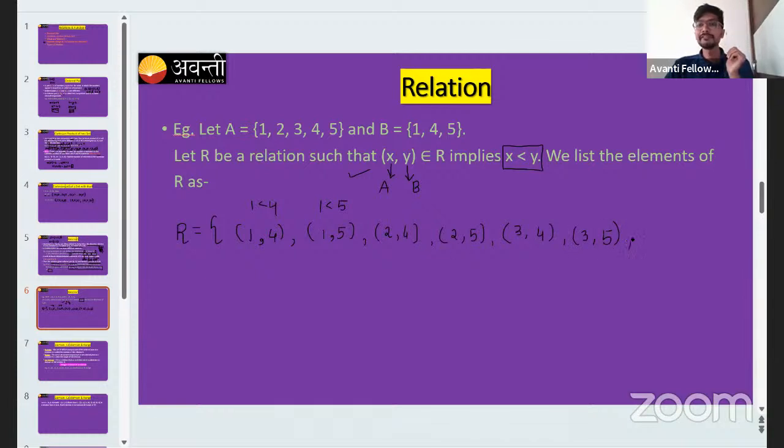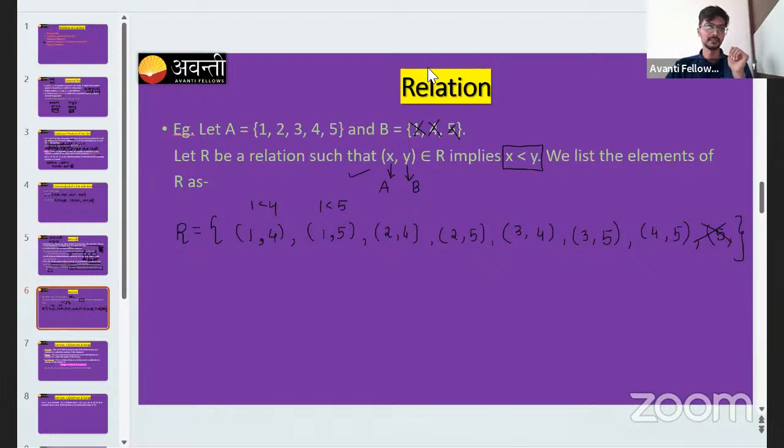Now let us see, if I take 4, then I cannot take 1, I cannot take 4, but I can take 5. And if I take 5 from A, I cannot take 1, cannot take 4, cannot take 5. Means 5 is not possible. So this is my relation.